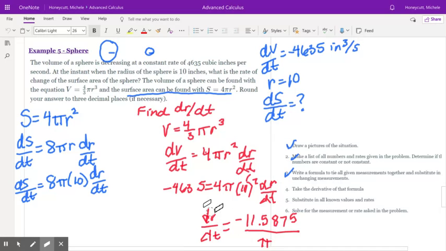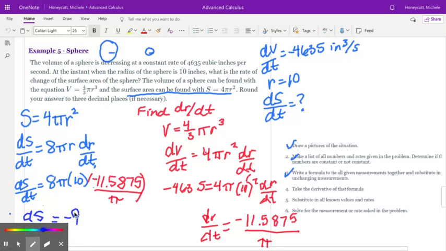Leave that as is, and I can substitute what I have now in for the dr/dt. So dS/dt, when you substitute in the dr/dt into our problem, we get negative 927 inches squared per second.